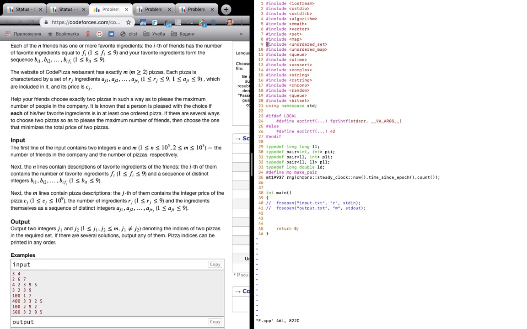We just have to do first search. Why? This is not okay.